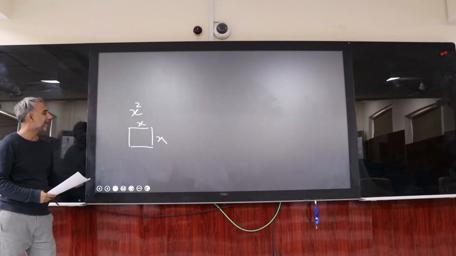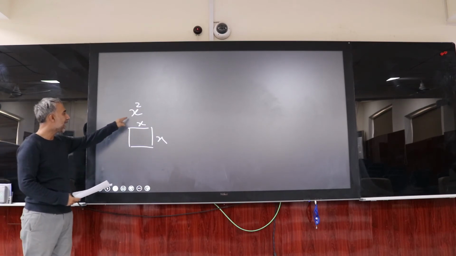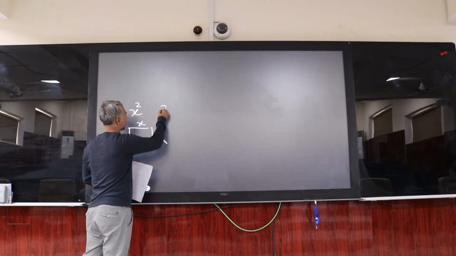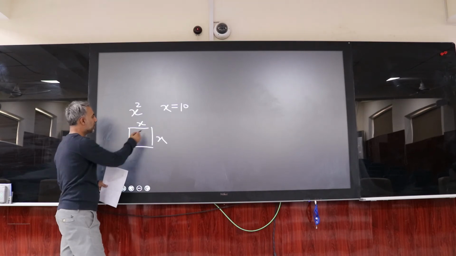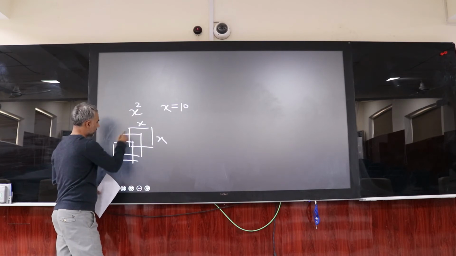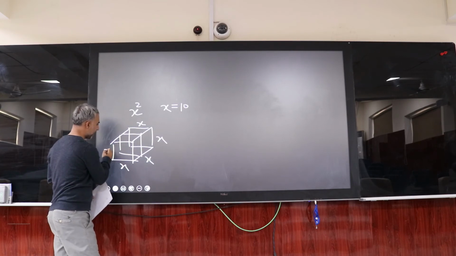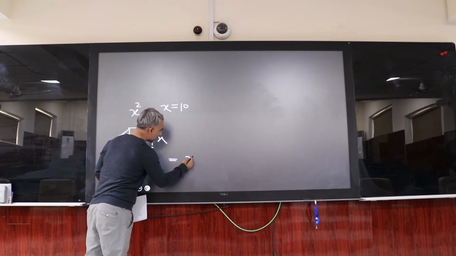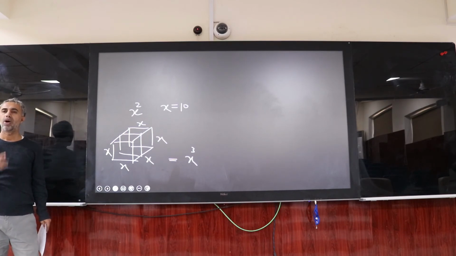Suppose x is fixed, some 10, then you are getting the third dimension of it. This is x, this is x, this is x. Of course, you will get volume. But usually it does not happen in real life.